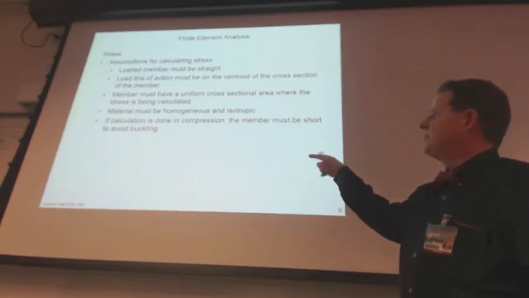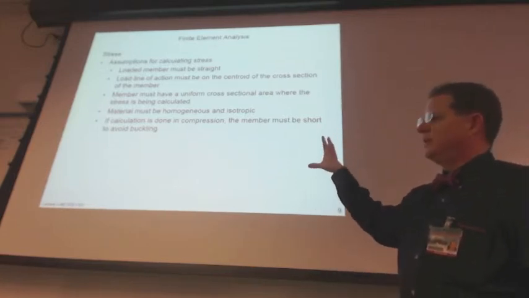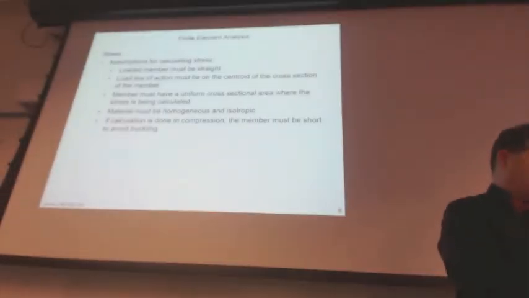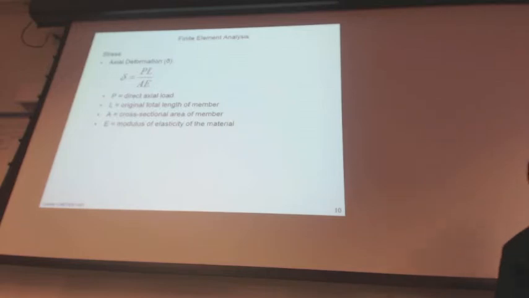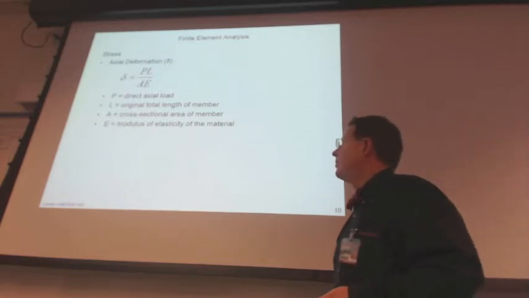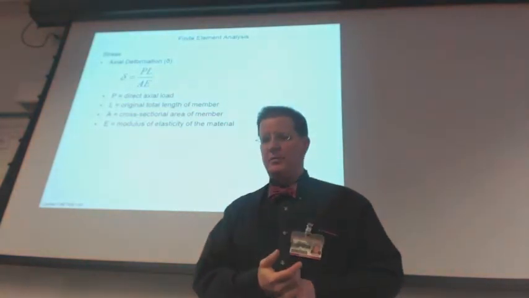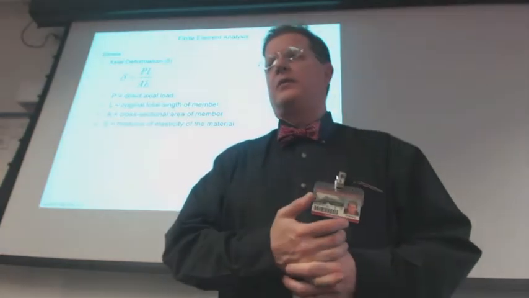But we do have to remember that when we're dealing with our analog calculations, we are constrained with some of our assumptions. Not so critical when we're dealing with our FEA. But when we're making a comparison, we have to do that. So our axial deformation is going to be PL over AE as far as analog.